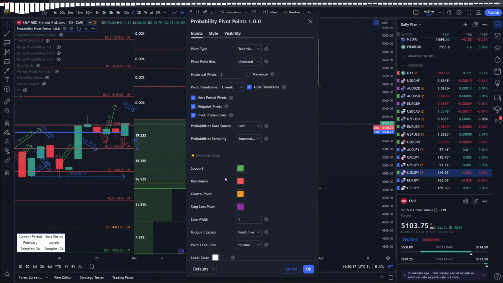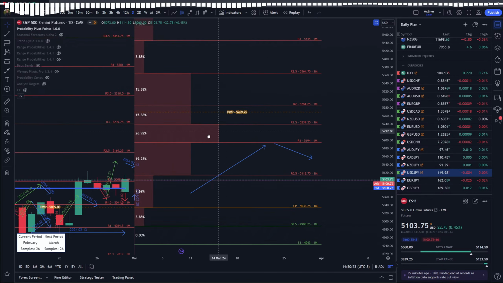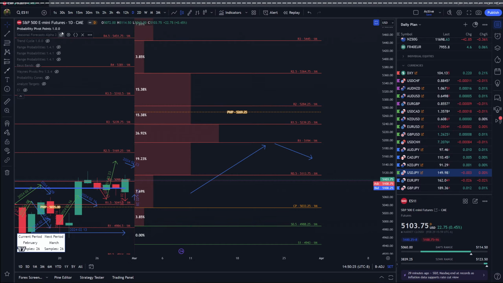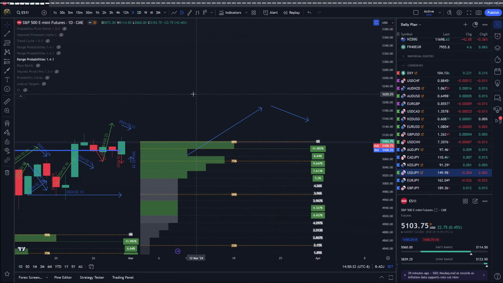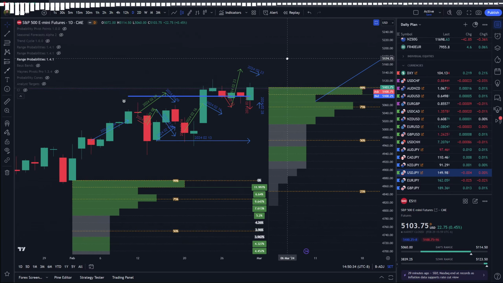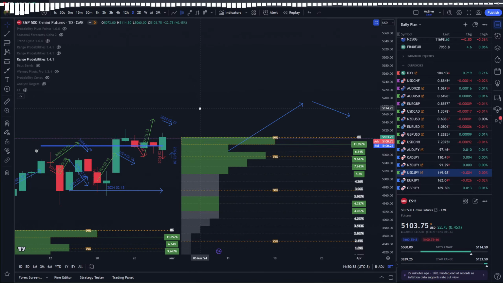Close to 20% of lows are above the central pivot, so decent, somewhat continuation odds. A lot of highs around here. Yeah. A lot of lows coming right off the bat on the month. Will we get it again?